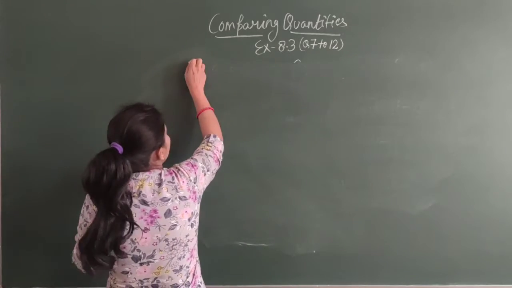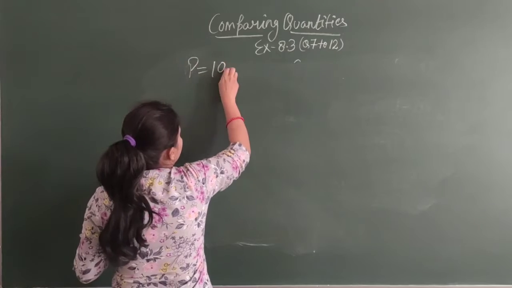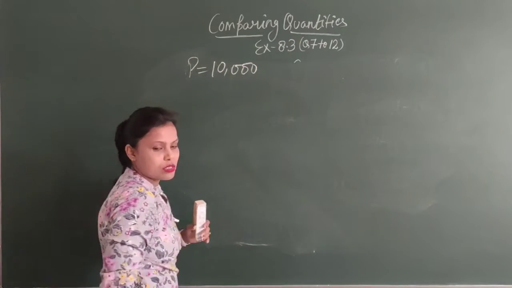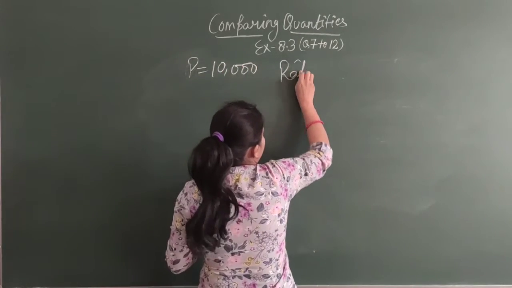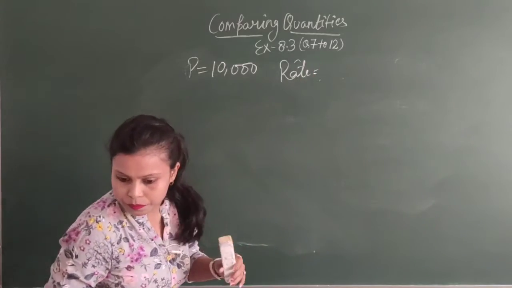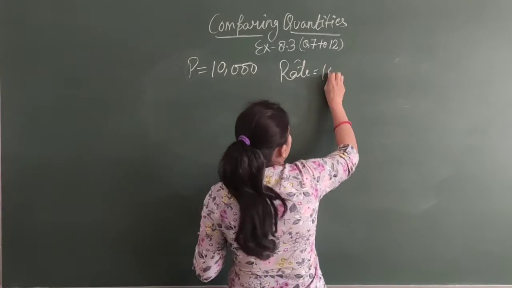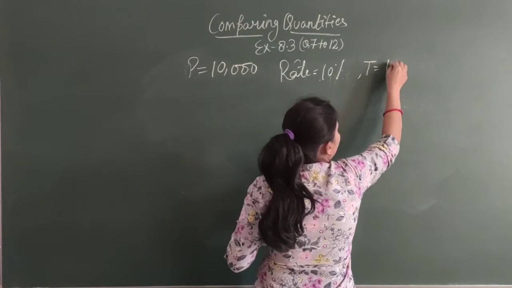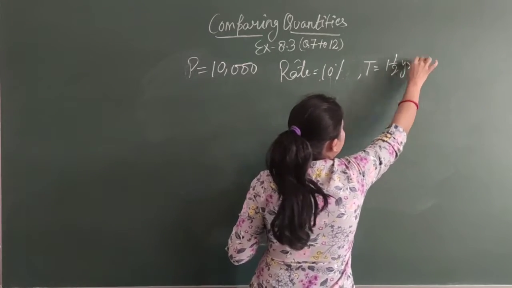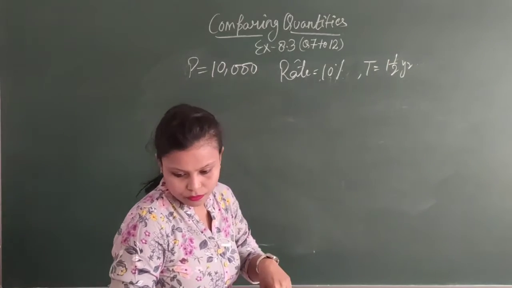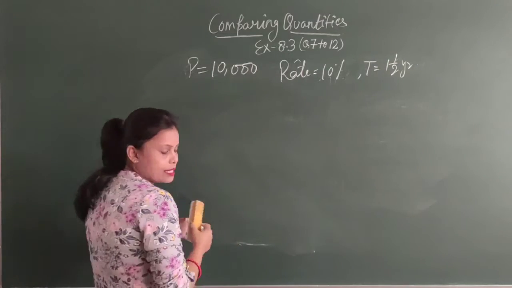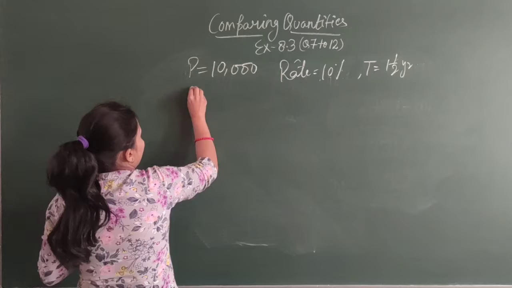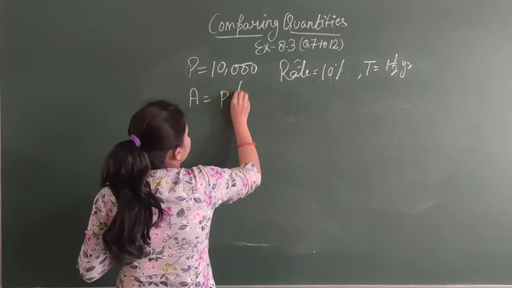So principal for the question is 10,000, rate is given as 10% and time is 1.5 year. Okay, fine. Now let's calculate with the formula.